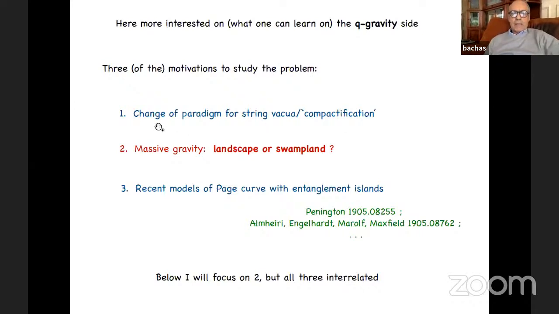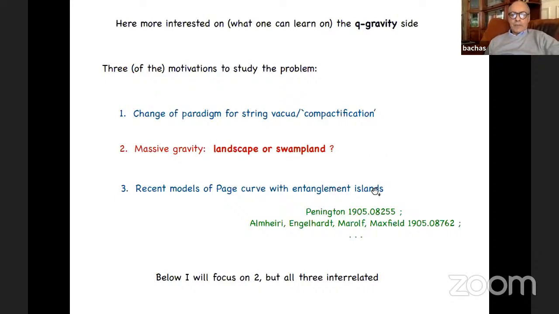One, and the older one, is that this, as I said, is a real change of paradigm for string vacuum compactification. And the question is whether we should take it seriously or not. And closely related is the fact that there is a whole community of people that have been working on massive gravity theories in the last 20 years, actually going all the way back to Pauli and Fierz. And one may ask in a related manner, is this really part of the landscape or is it in the swampland?